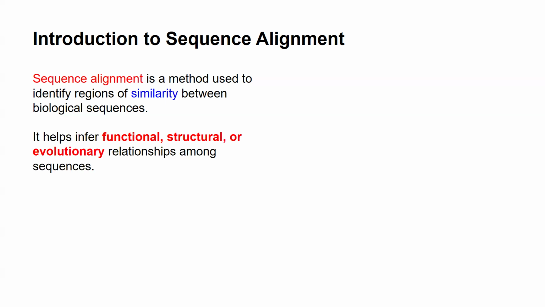And very importantly, why do we do sequence alignment? It helps to infer functional, structural, or evolutionary relationships among sequences. So if you take a protein sequence from bacteria and from human and you align them, if you see that their percentage similarity is very high, that tells you that they are related in terms of their function.